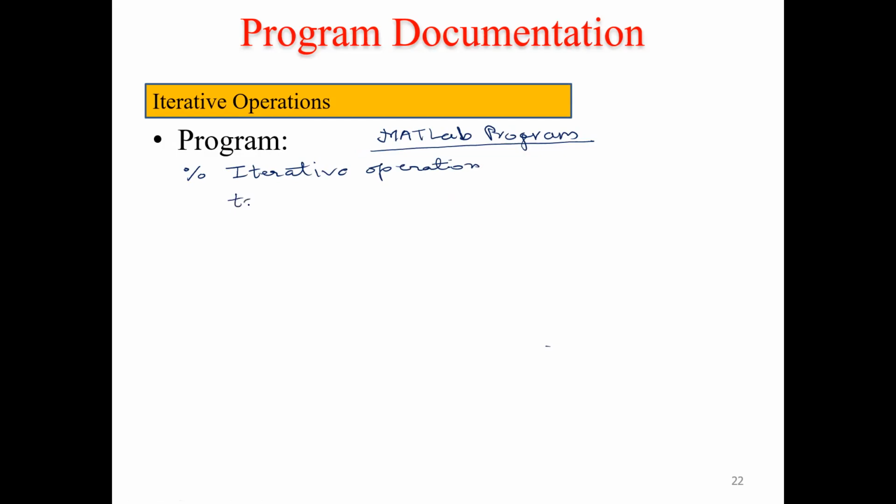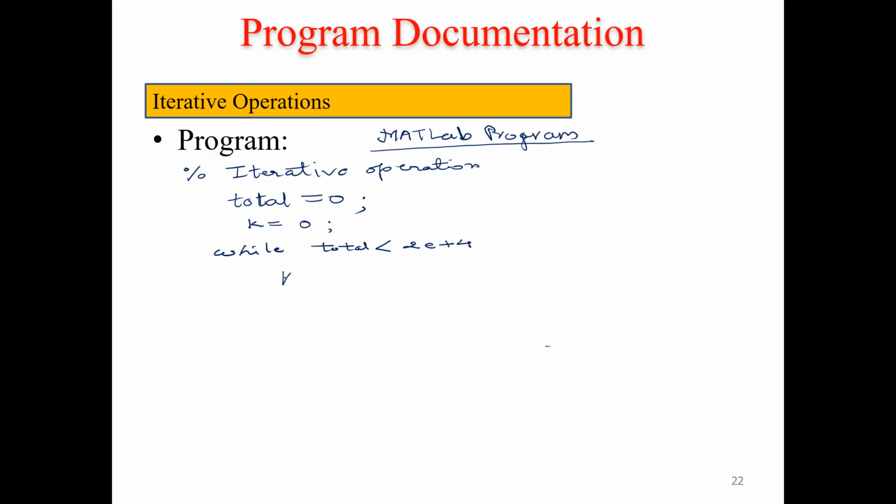The first step was initialization. So I will initialize total equal to 0, counter equal to 0. Always terminate the statement with a semicolon. And then I will use while total is less than 20,000. You can write 20,000, or you can write 2e plus 4, same thing.